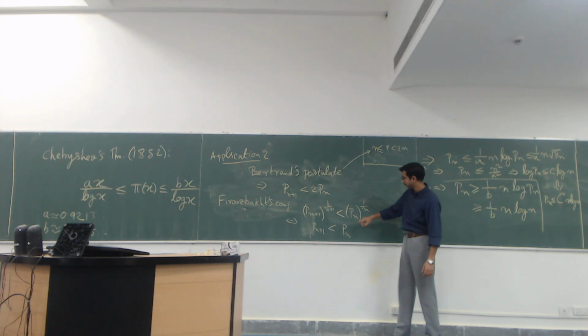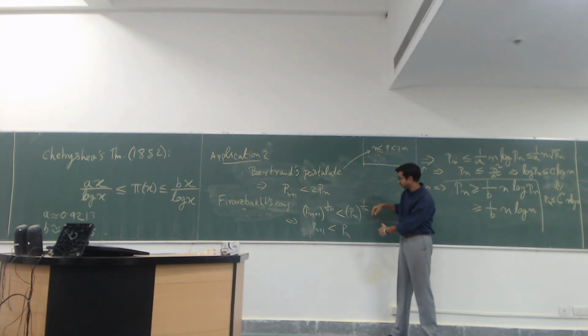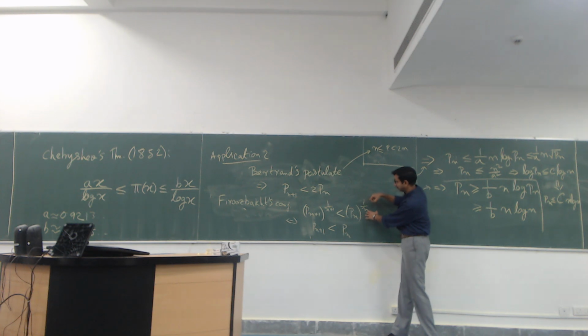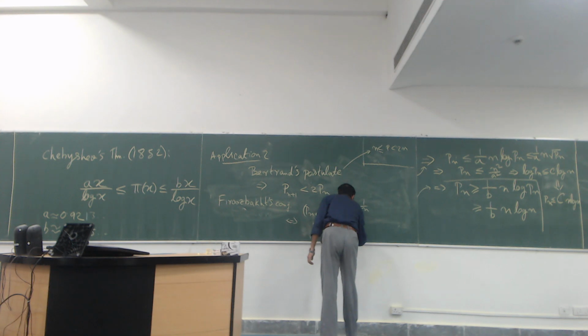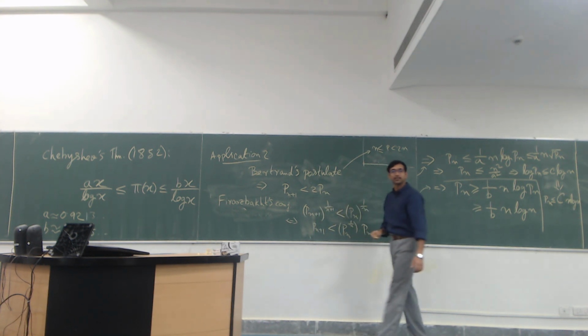That is, you are taking the n plus 1 power on both sides. So here you are having Pn times Pn to the power 1 by n. Okay.